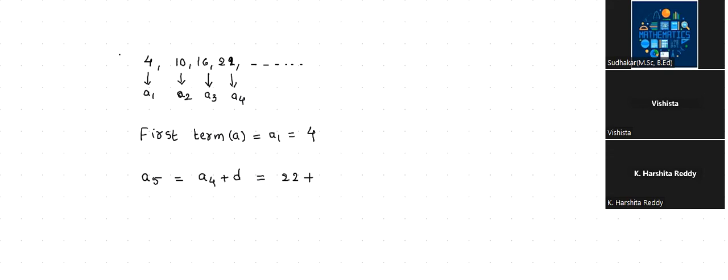Common difference is same, 6. That is 28. Next term A6, A5 plus D. So A5 value 28 plus D 6. 34.